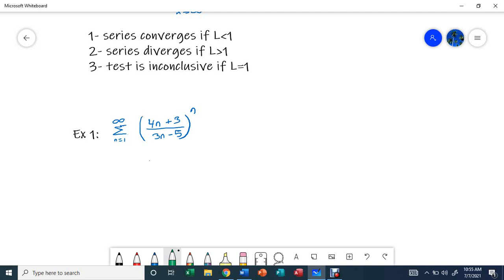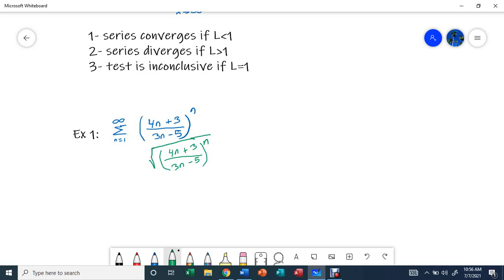So now you take the nth root of (4n plus 3) divided by (3n minus 5), so the whole thing to the n, and that's supposed to be n, not 3.